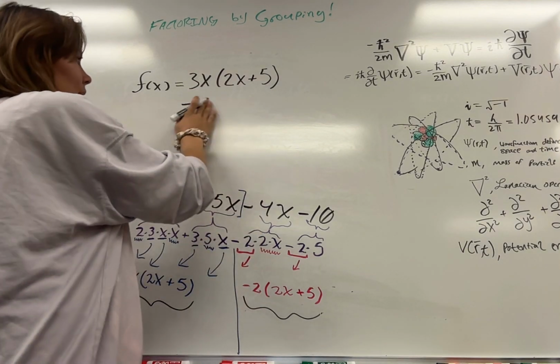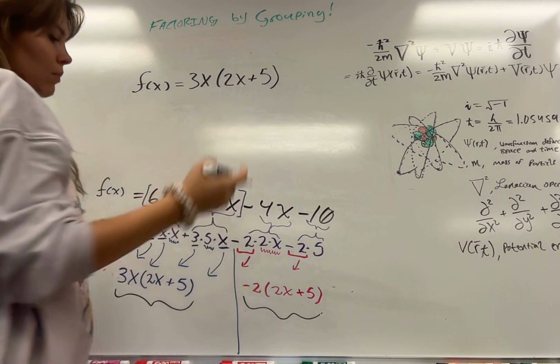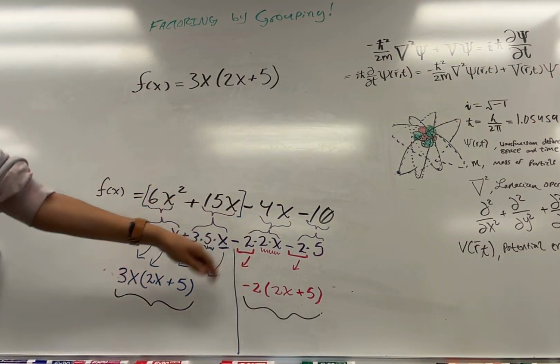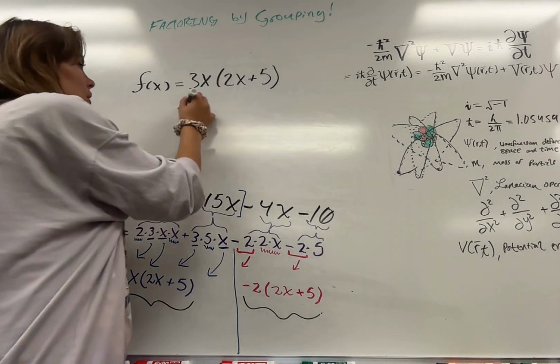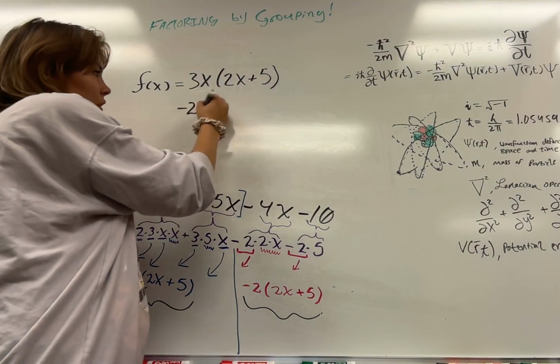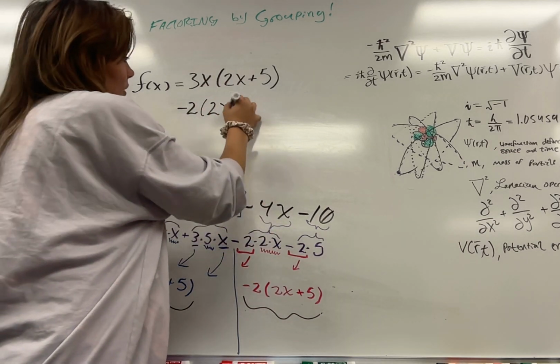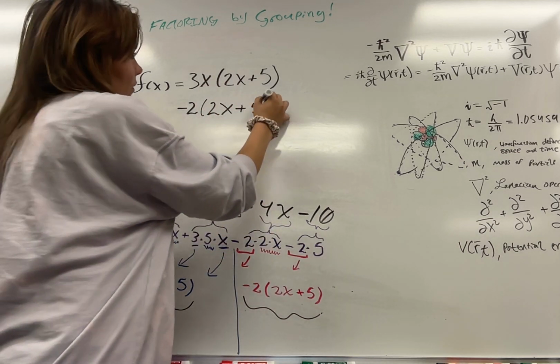Well, technically it's plus the negative, but if you're adding this next part, it's just minus. We'll just say that, okay? Minus 2 times 2x plus 5.